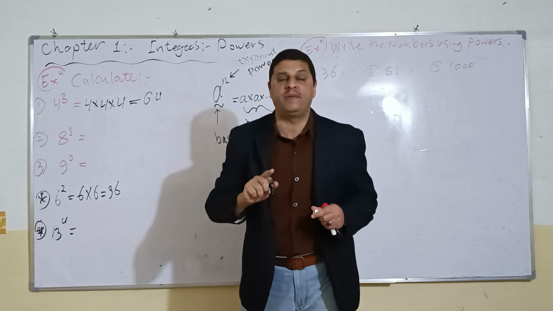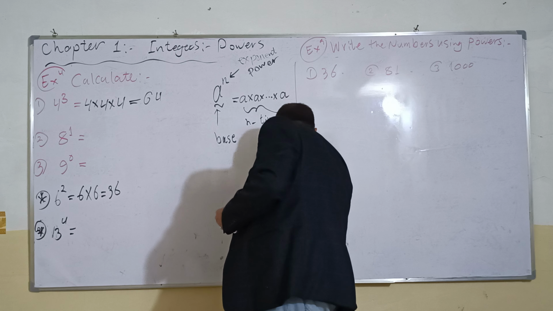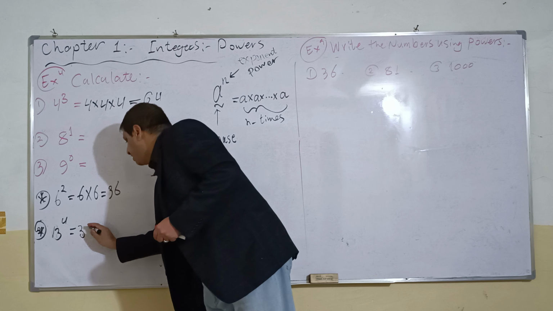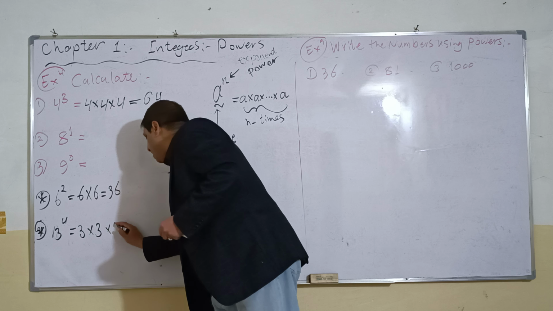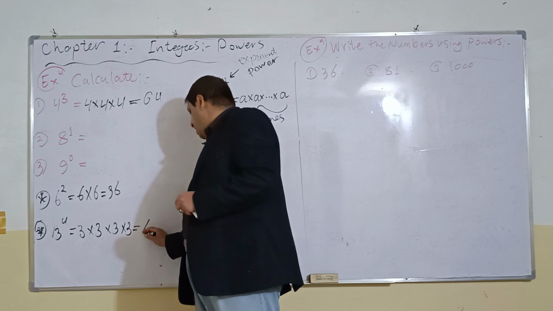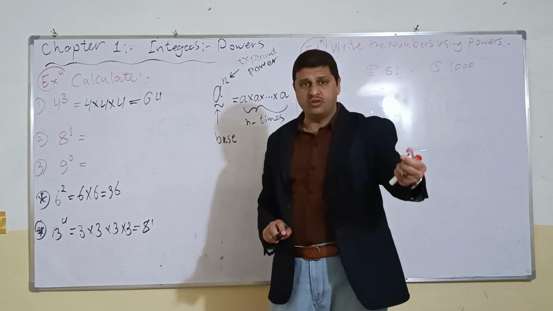Sorry, I committed a mistake: 3 times 3 times 3 times 3. 3 times 3 is 9, times 3 is 27, times 3 is 81. And so on.